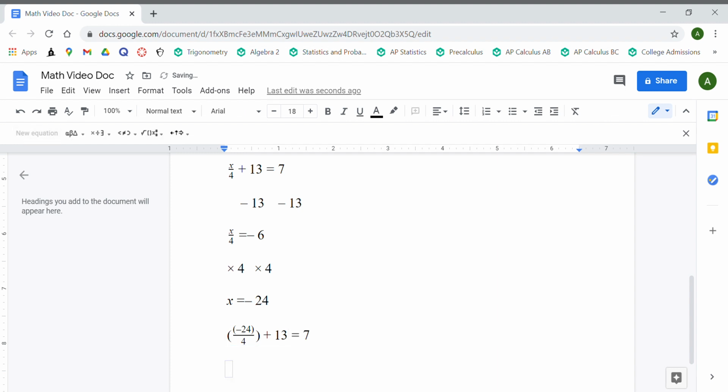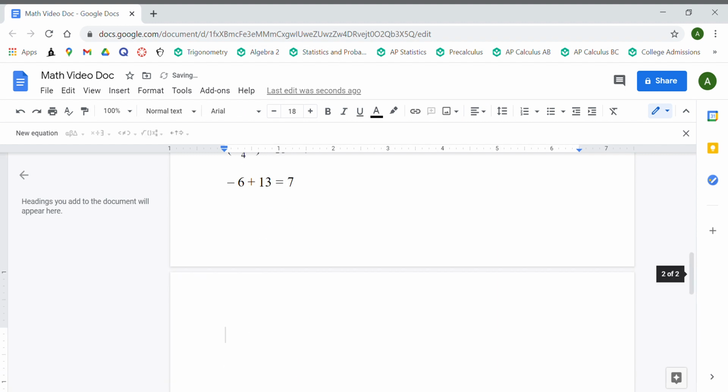So negative 24 divided by 4 is negative 6, because it's an odd number of negative integers that we are dividing. So negative 6 plus 13. It does equal 7. Alright, that looks good.